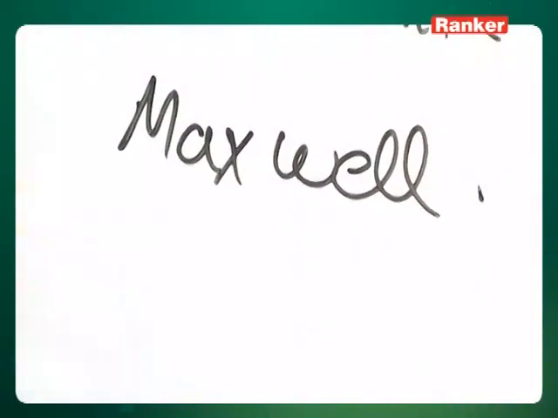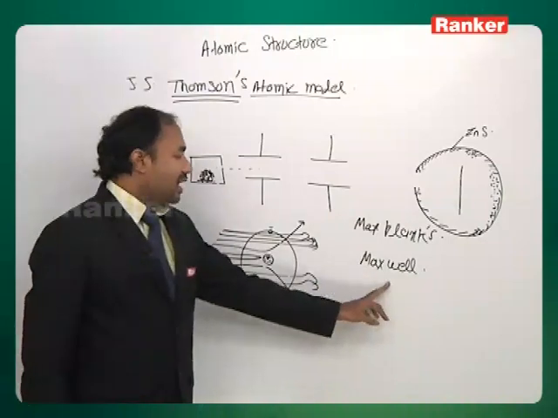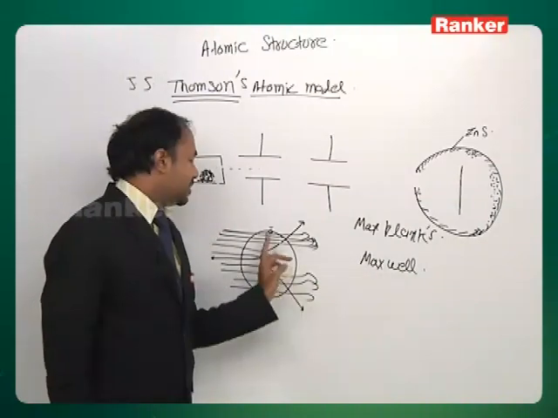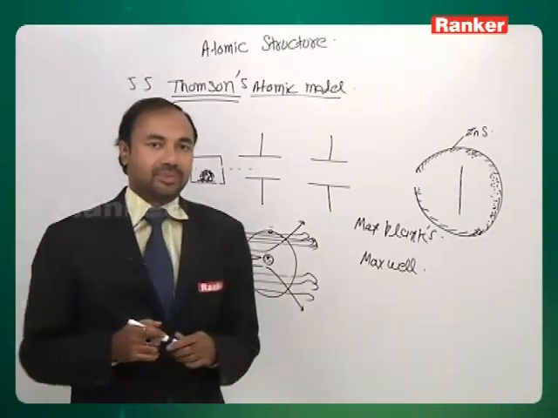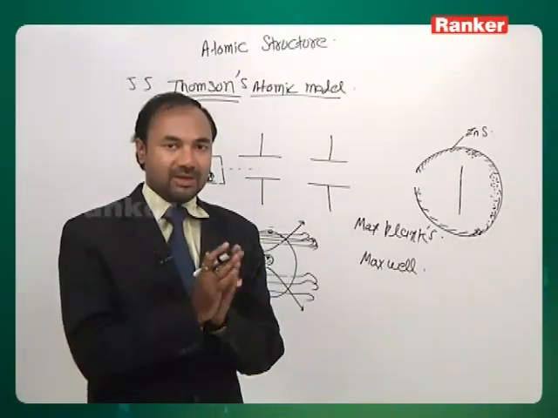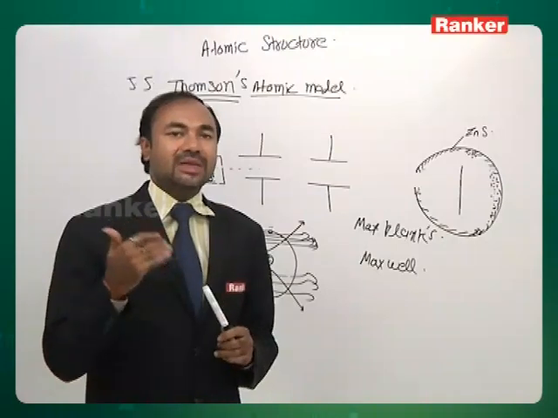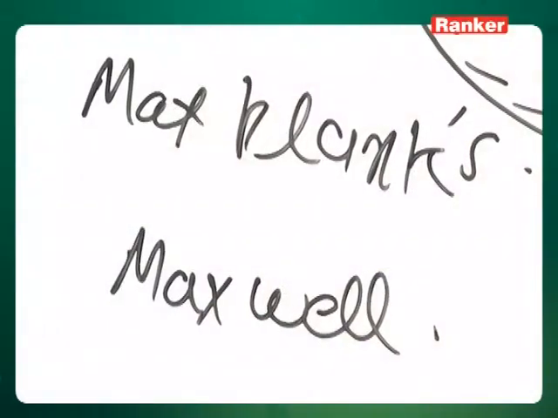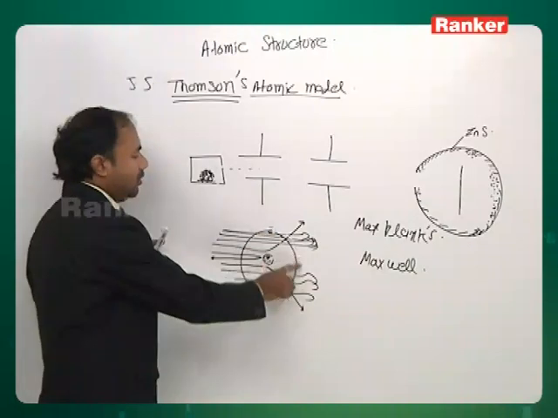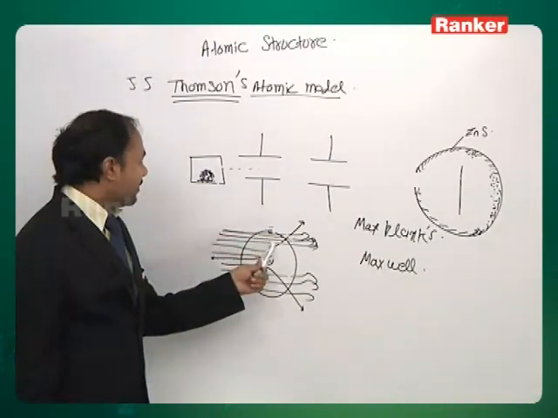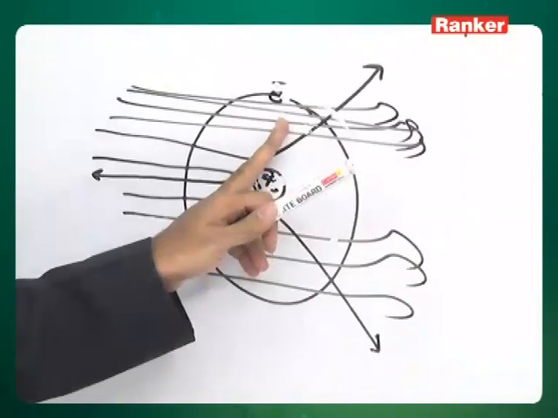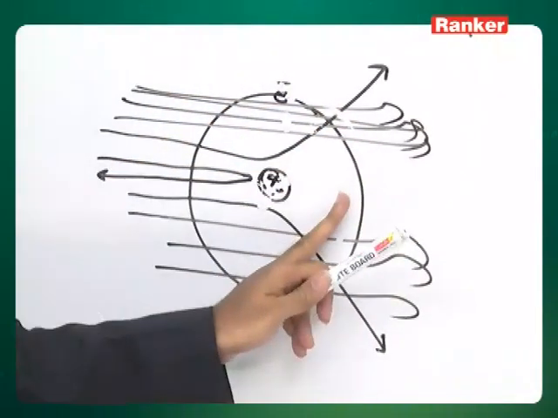Now first we will discuss Maxwell. What Maxwell says is that if a charged species is moving, it continuously emits energy. That is what Maxwell said. This became one of the biggest reasons for the failure of Rutherford's atomic model. Why? Because Rutherford is saying that the electron is moving around the nucleus in circular pathways.